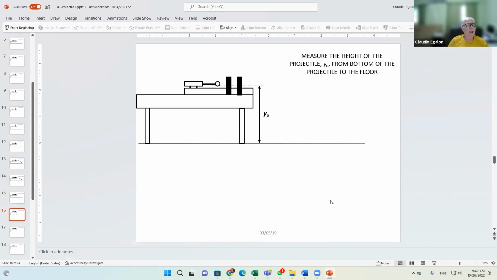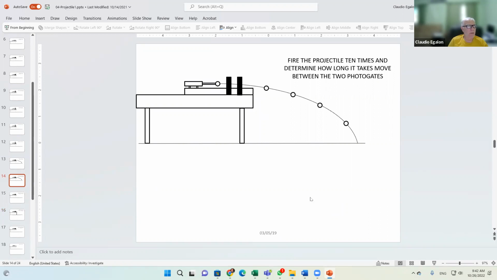We also have to measure the height of the projectile. You're going to need that to determine the range of the projectile. The range is the distance from here to here. You're going to measure this distance and compare this measurement with the equations of projectile motion.